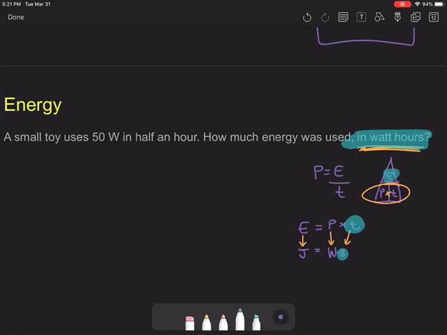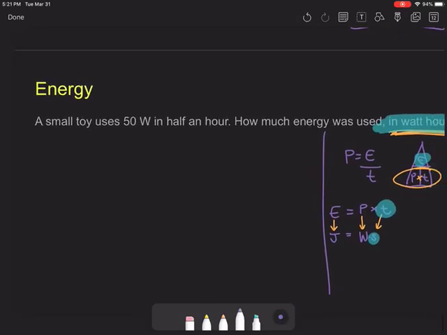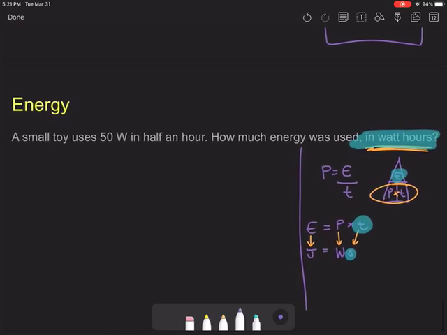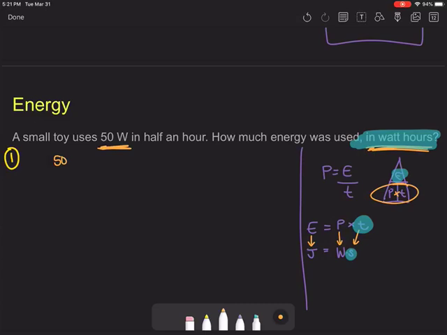We are essentially going to do the exact same thing as we did in all of the previous questions. Our first step, just like always, is to write down what we know. So we have 50 watts. And watts is the unit for power, so that means our P, or power, is equal to 50 watts.